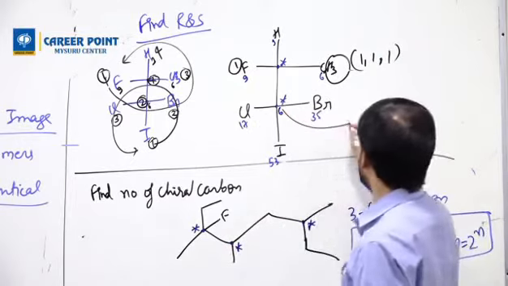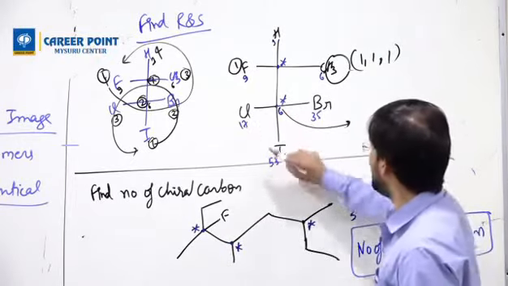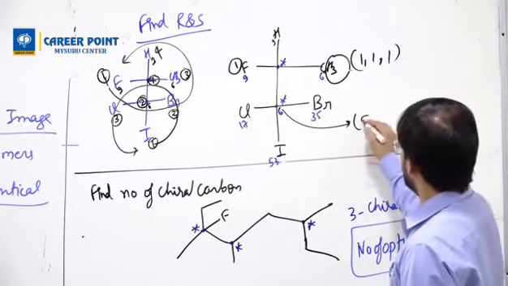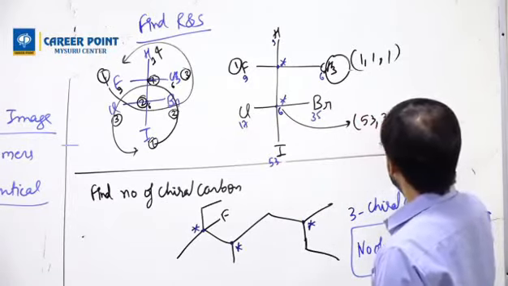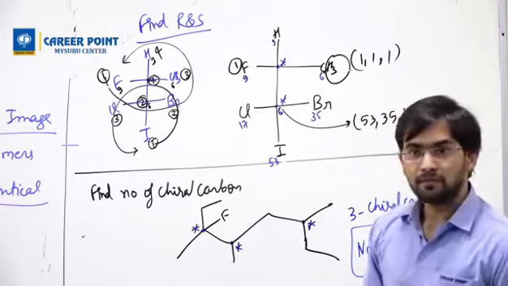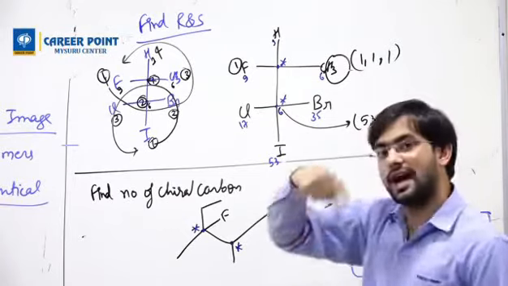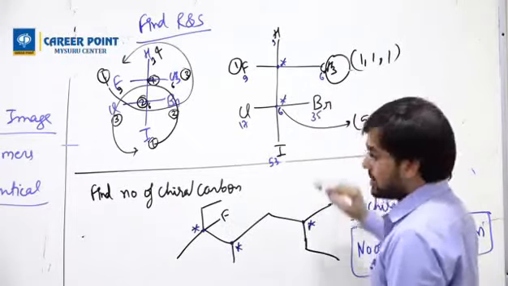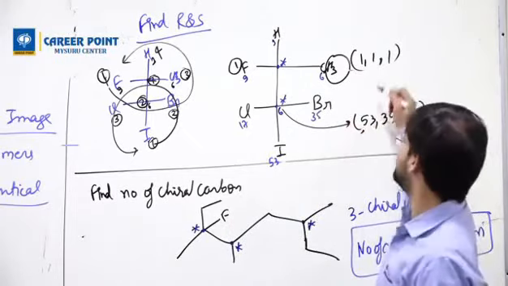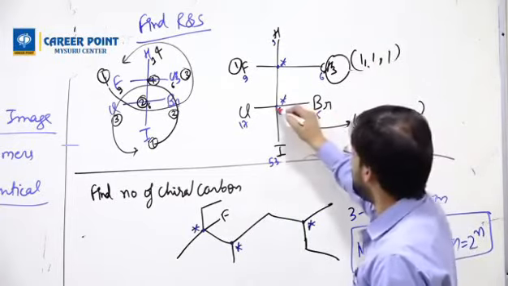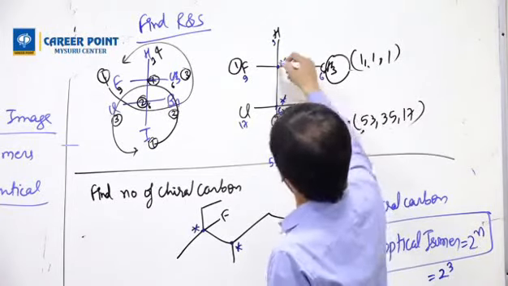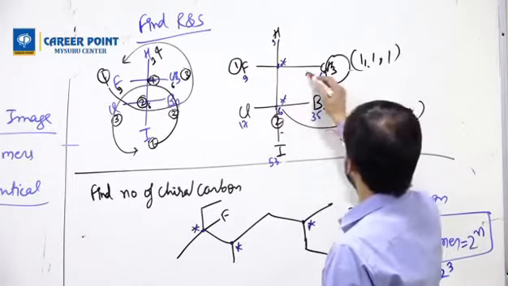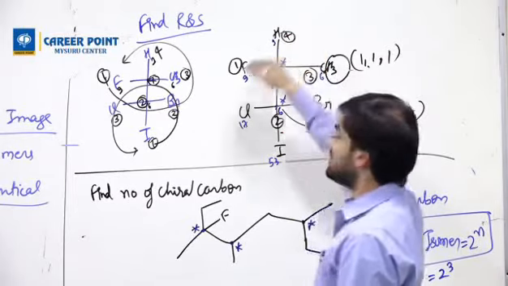Whereas this carbon is connected to Cl, Br, I, which I write in decreasing order: 53, 35, 17. Whichever is maximum is your next priority. So 53 is maximum, then 1. So this is your second priority for that carbon. Then this is third, and this is fourth, the least priority.